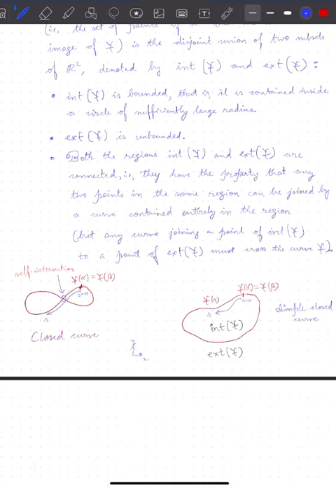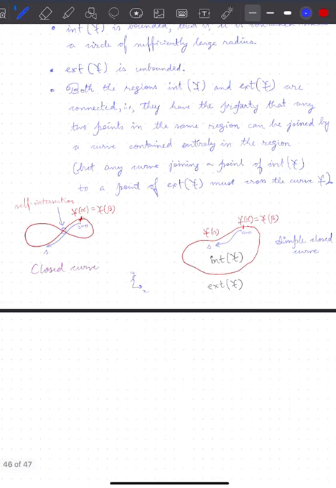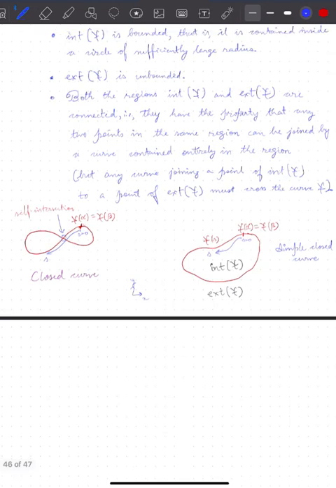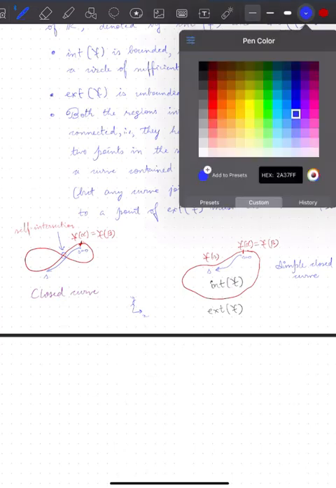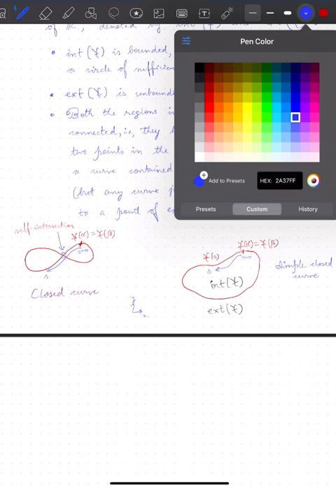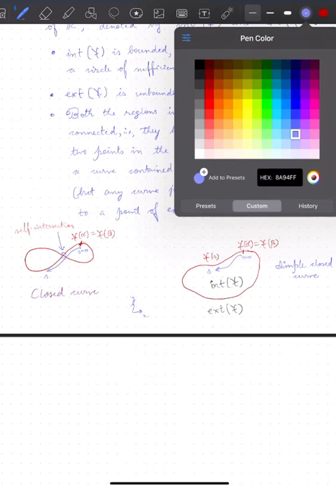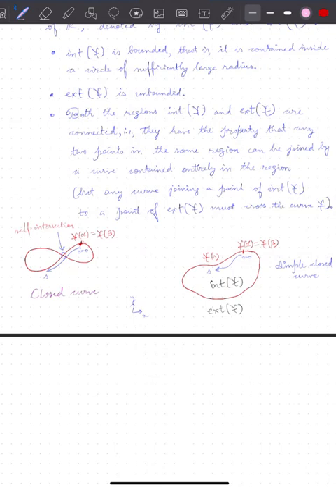What we say is that the interior of gamma vector is bounded, which means that it is contained inside a circle of sufficiently large radius. So let's consider a circle, centered at some point.